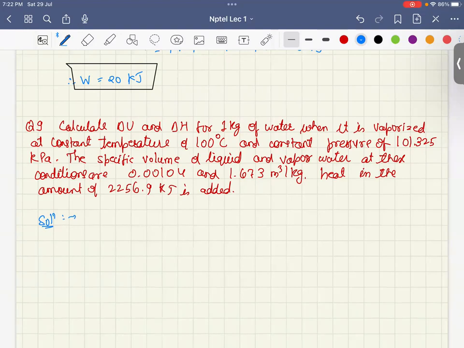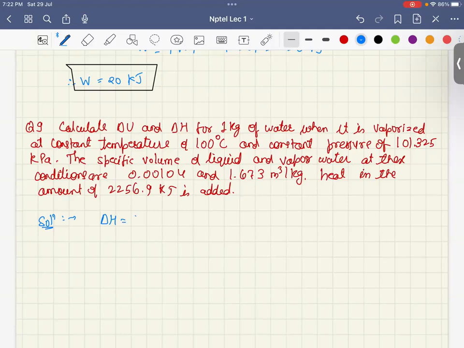at constant temperature and pressure, delta H is nothing but Q, the heat, which is 2256.9 kilojoule.